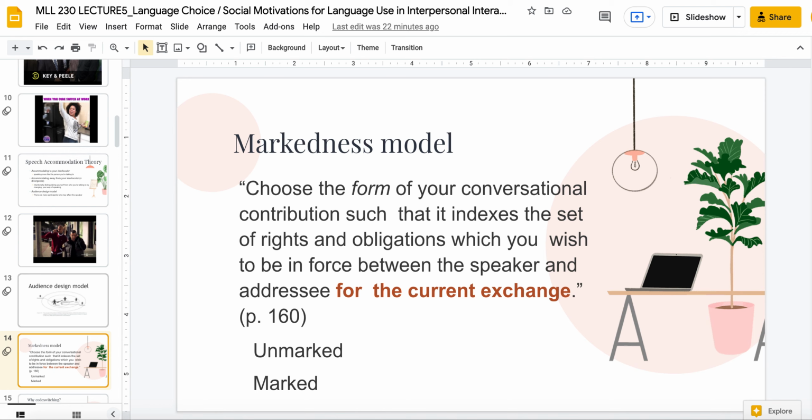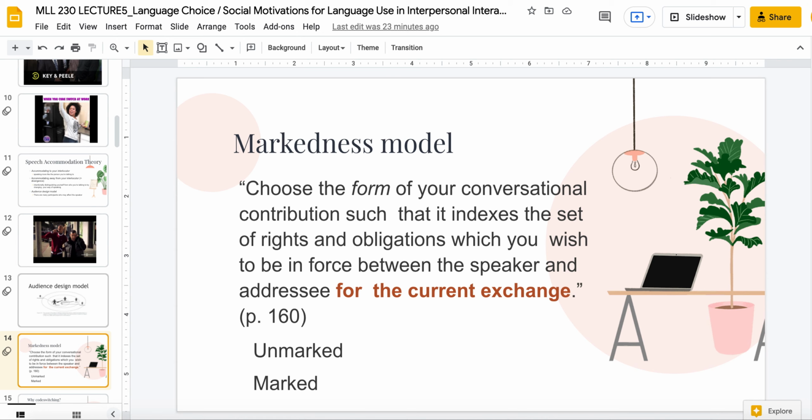So this is what I talked about earlier about whether things are marked versus unmarked. We would say that speakers choose the form of their conversational contribution such that it indexes a set of rights and obligations which you wish to be enforced between a speaker and addressee for the current exchange.